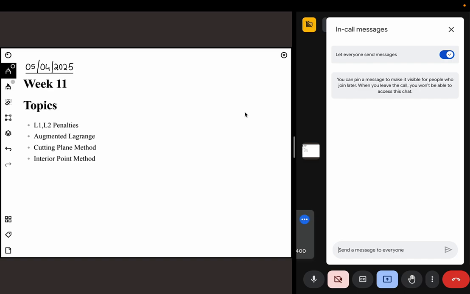Now coming to this week. We ended last week's session on penalty methods. We understood that penalty methods are used to convert a constraint optimization problem into an unconstrained problem, and then you can use the existing techniques for unconstrained problems to solve these problems. Now we will discuss two different kinds of penalties, L1 and L2 penalties, and then understand the limitations of these methods, and then we'll go to the augmented Lagrange method.